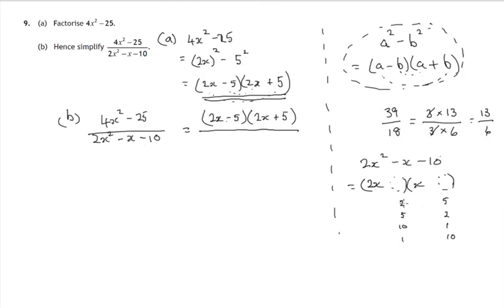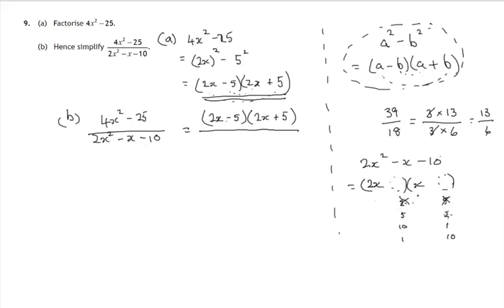So if we were putting 2 and 5 down, the outside two give me 10x, the inside two give me 2x. Now a 10x and a 2x added or subtracted will not give me a minus 1x, so that's not a possibility. Let's try to swap them round.